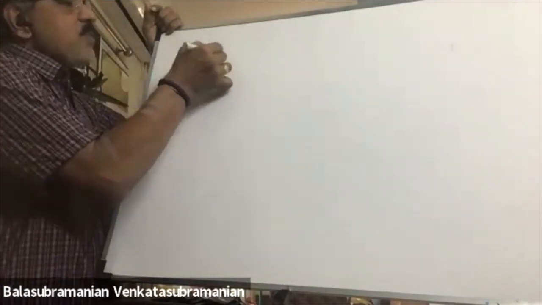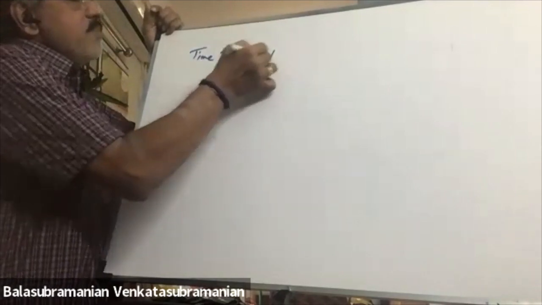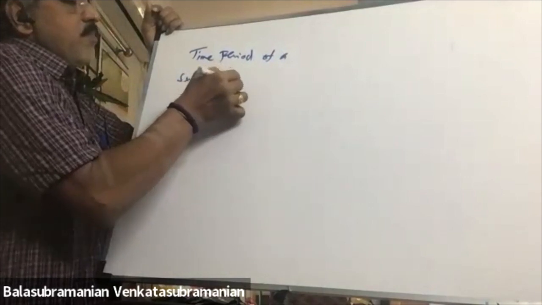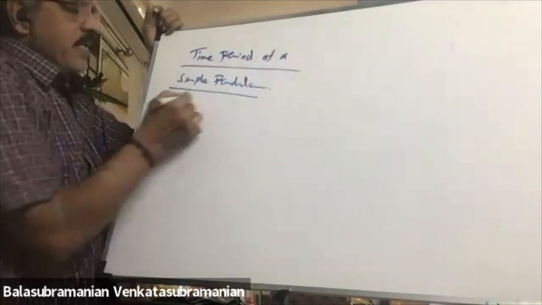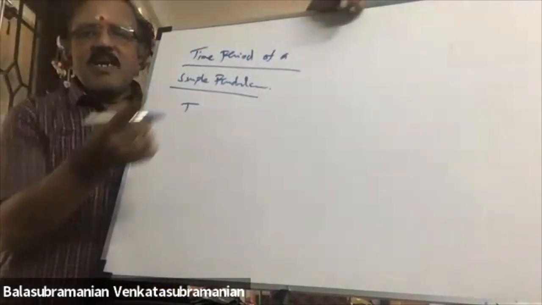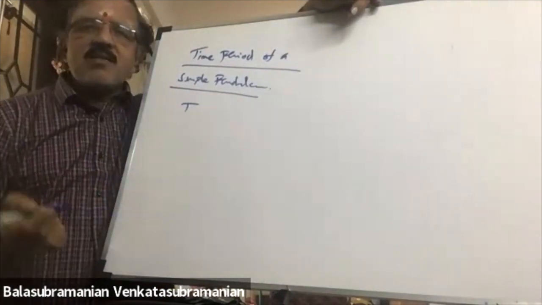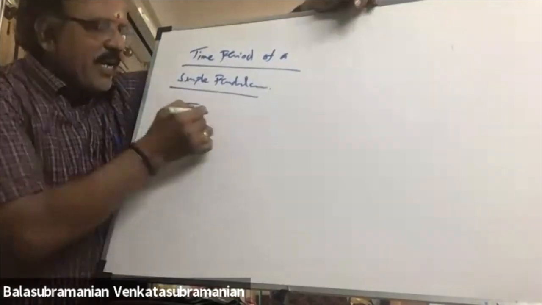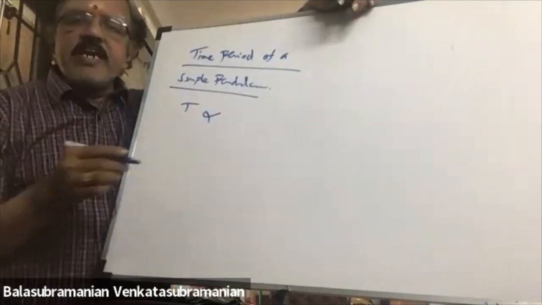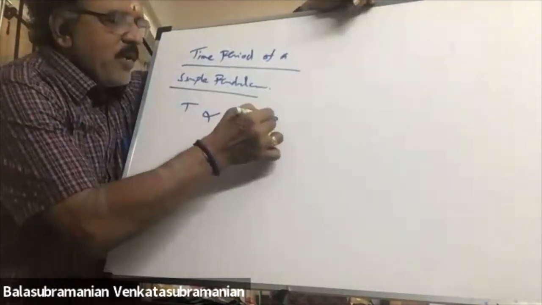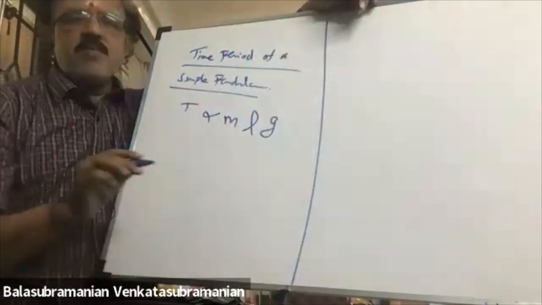Time period of a simple pendulum. Time period. You are oscillating the bob for a given length. Calculate the time period. The time period, I know it depends upon the mass of the pendulum, length of the pendulum, acceleration due to gravity of the pendulum.